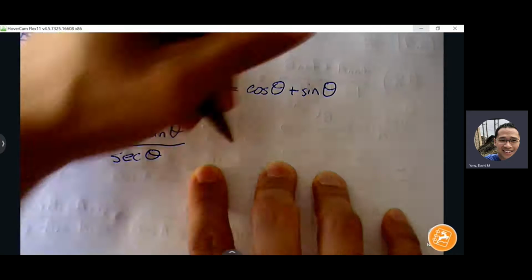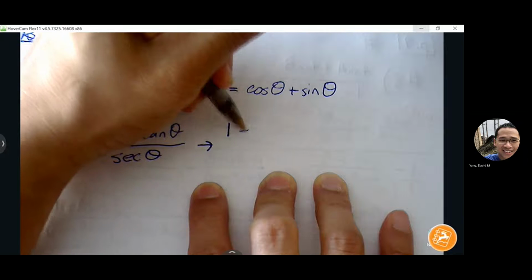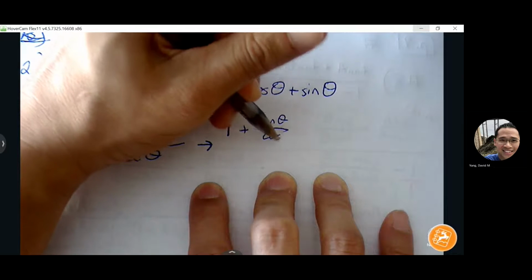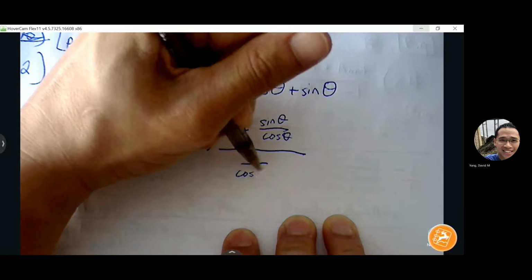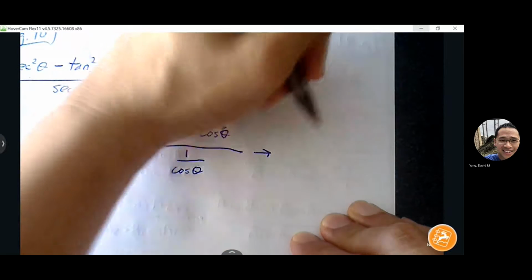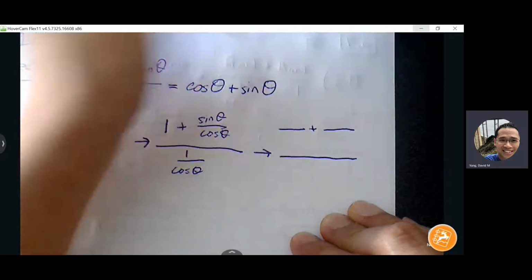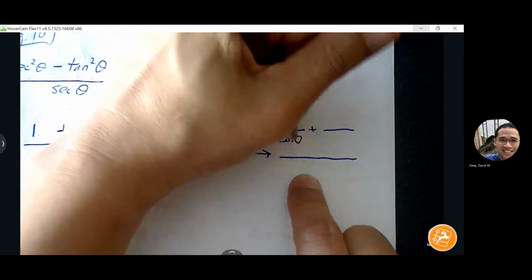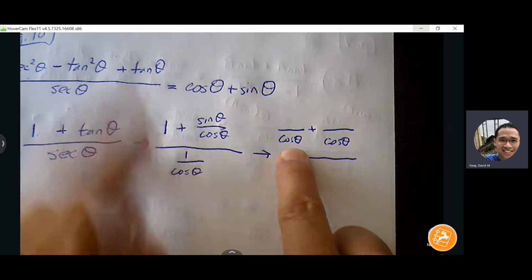So one way is, let's just convert everything to sine and cosine. What's my common denominator for my top portion? It's cosine. Balance this fraction here.